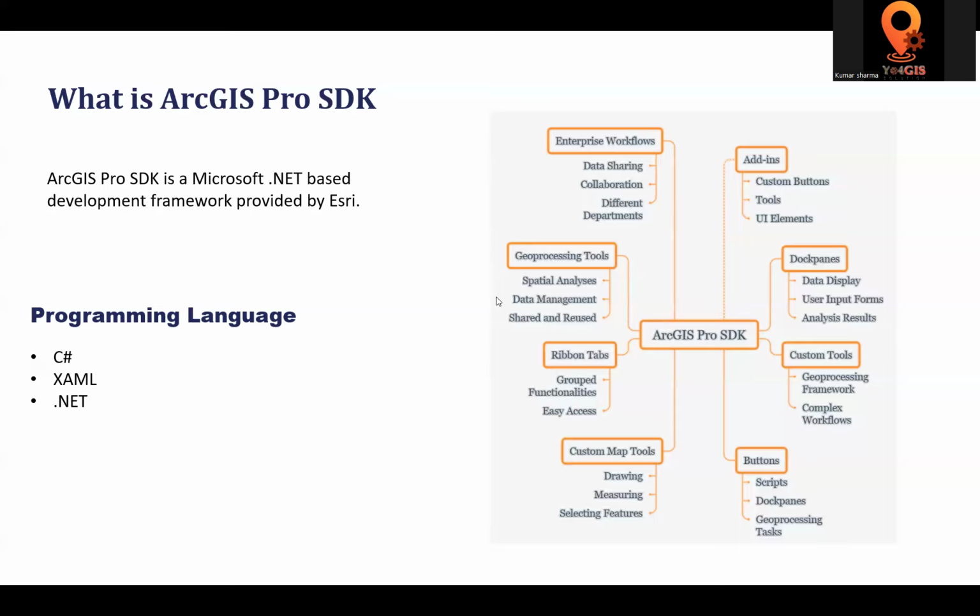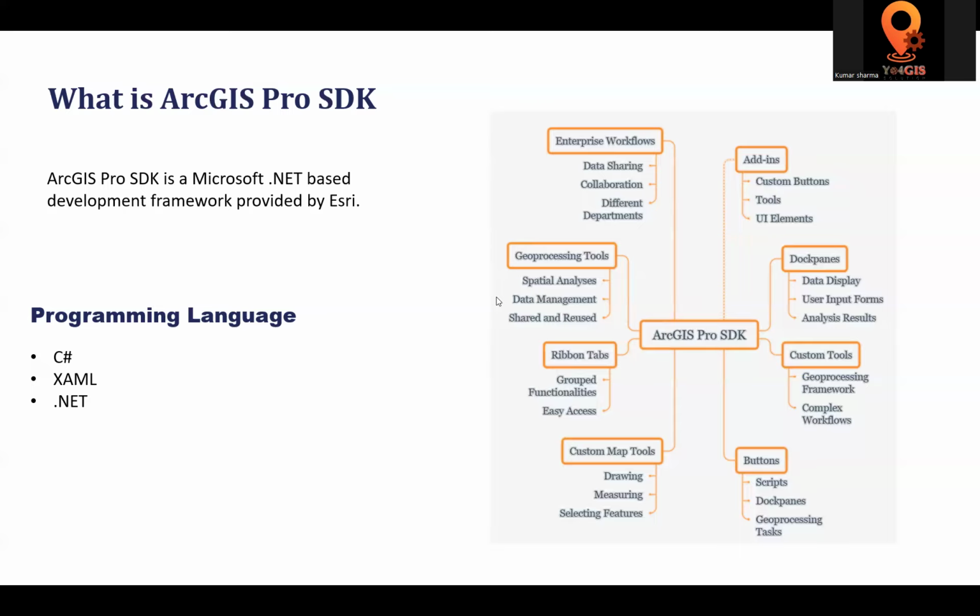Now the thing is, using the ArcGIS Pro .NET SDK, what are the things we can create? Here on the right side, I have mentioned that we can basically develop add-ins. We can create the button. We can create the dock pane. In the dock pane, you are going to show your data. You can get the input from the user. You can show the result of the analysis.